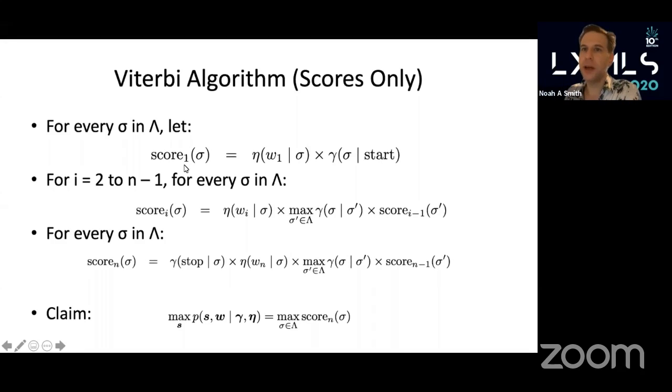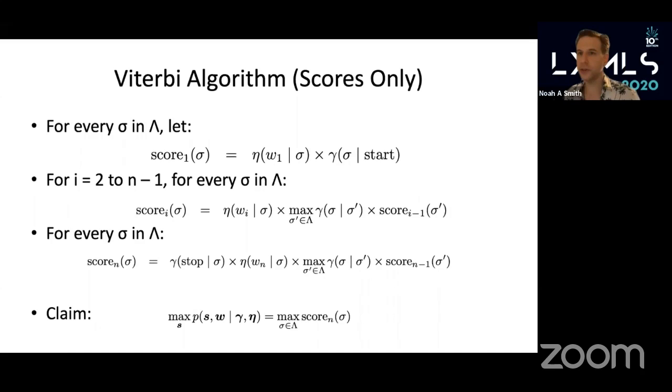So the runtime of one step of this middle part is going to be: we calculate a score for every label, and for each one we have to do a little max over the preceding candidate labels. So the runtime of this one little step is going to be quadratic in the number of labels, or size of lambda. And then the last step is just a little different because remember we have to multiply in that stopping probability, the transition from each sigma to the stop state.